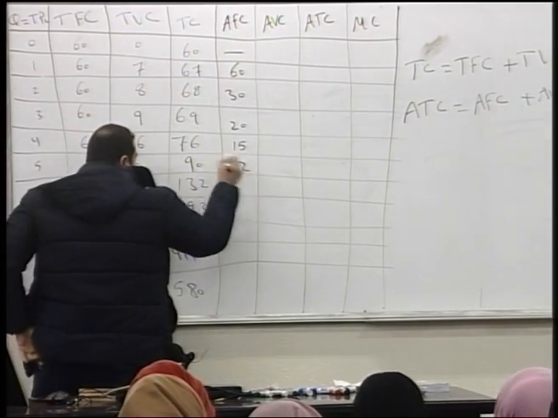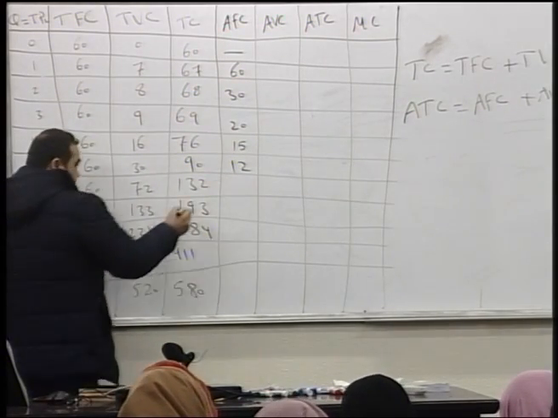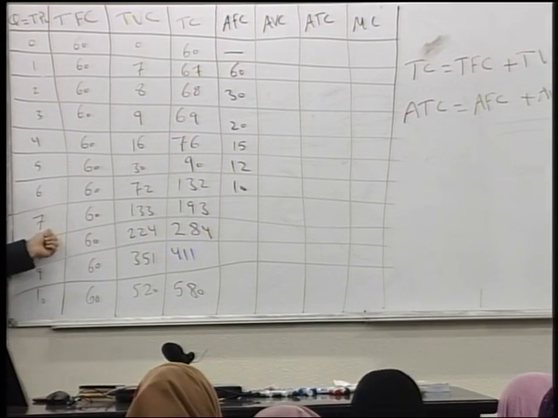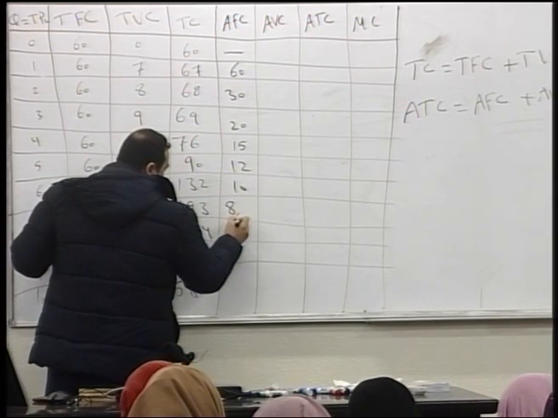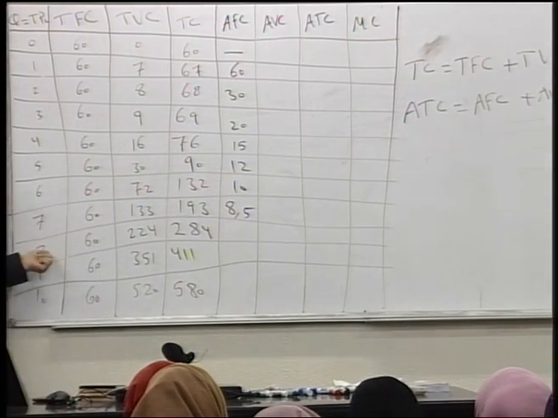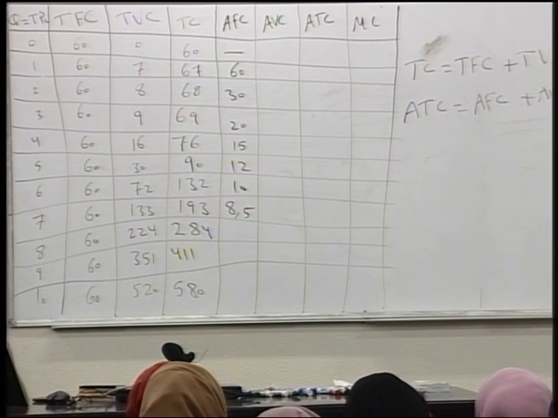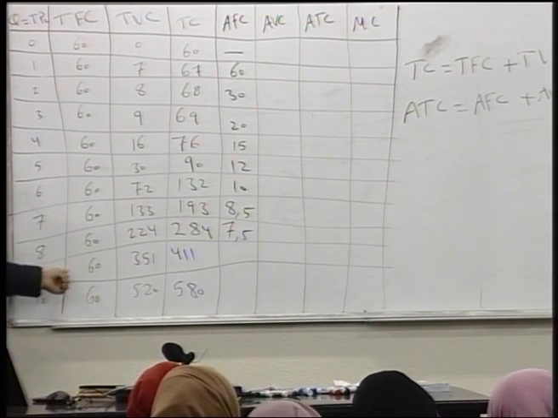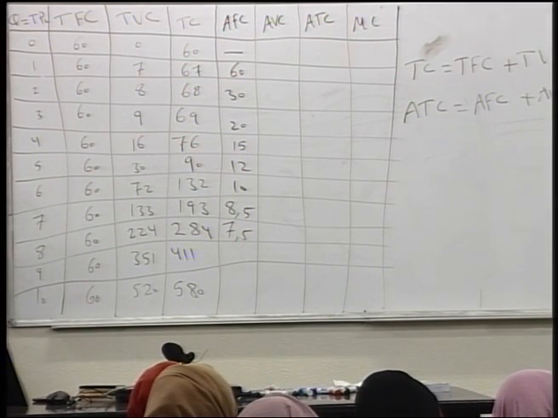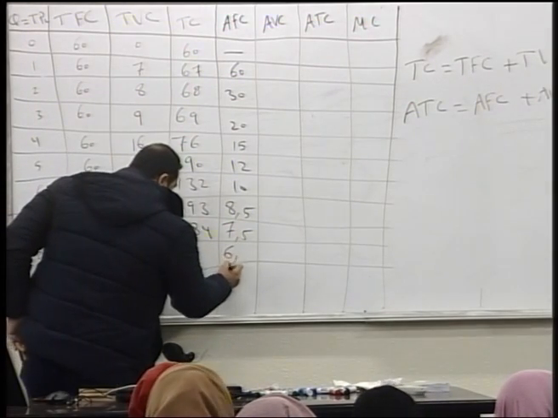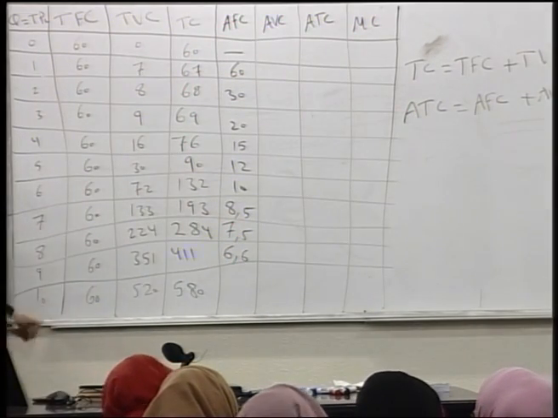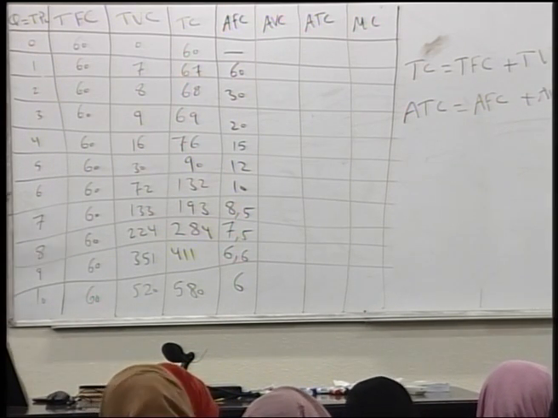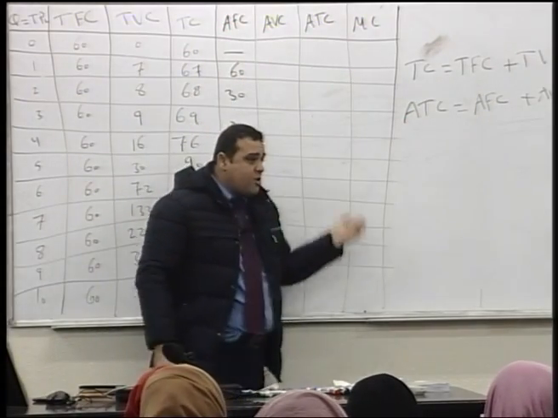Yeah. 60 over 6, 10. 60 over 7, 8.5. 60 over 8, 7.5. 60 over 9, 6.6. 60 over 10, 6. Is it clear? Yeah.